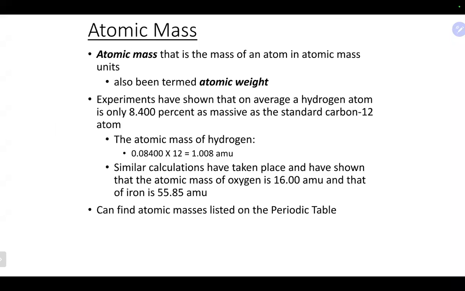And for atomic masses, they picked an isotope of carbon, the carbon-12 isotope, as the standard. The carbon-12 isotope has a mass of exactly 12.00 AMU. AMU is atomic mass unit.